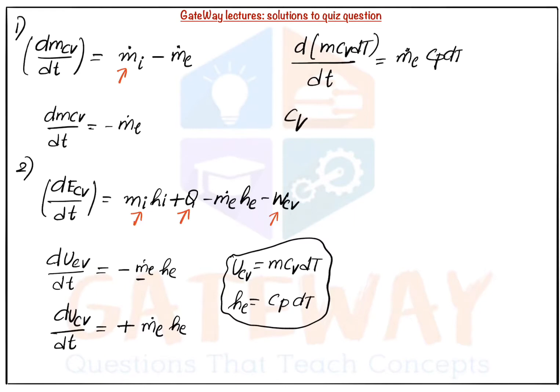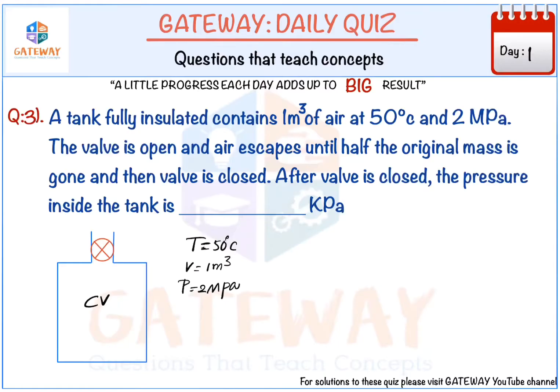Now you take Cv outside, then d of m dT upon dt is nothing but m dot e, which can be written as dm upon dt into Cp dT, right? So here all the time differential terms will be cancelled on both sides. Then what we are left with is the differential of m dT.